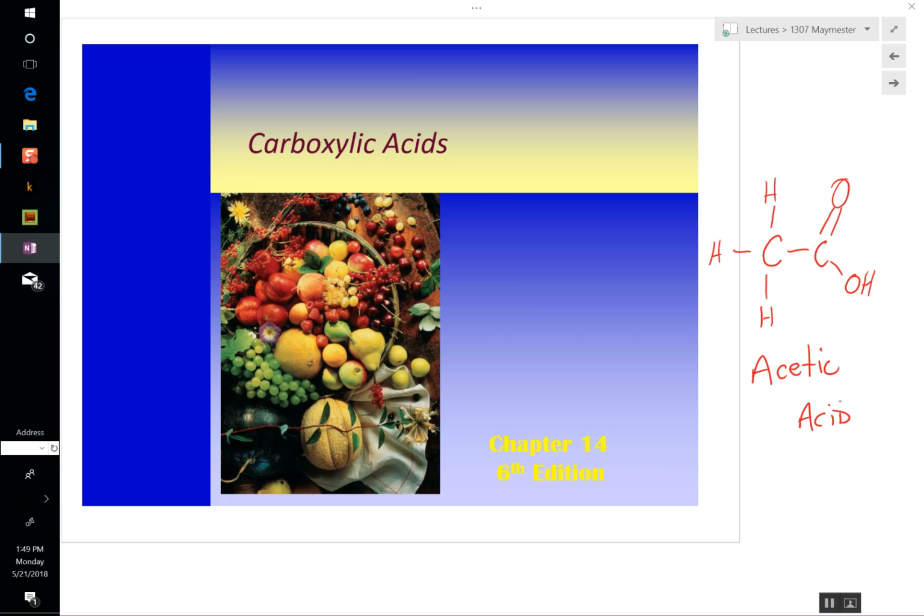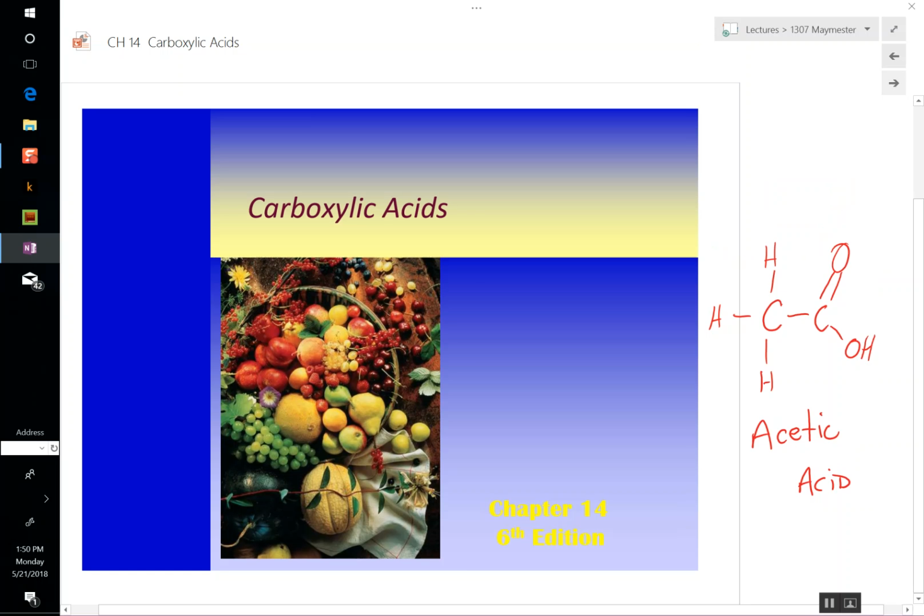Matter of fact, they only dissociate a little bit, but enough to give you that tingly taste on your tongue, to lower the pH to about 3, to make the water acidic. Acetic acid is a very common carboxylic acid. I would guess the most common carboxylic acid.